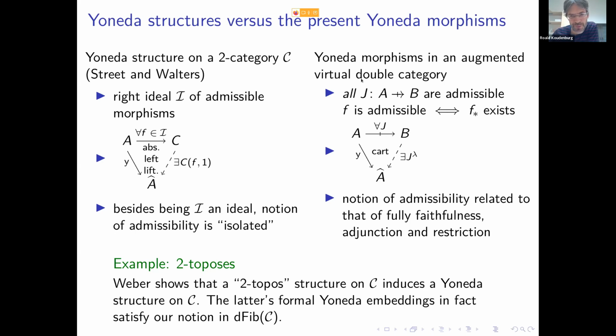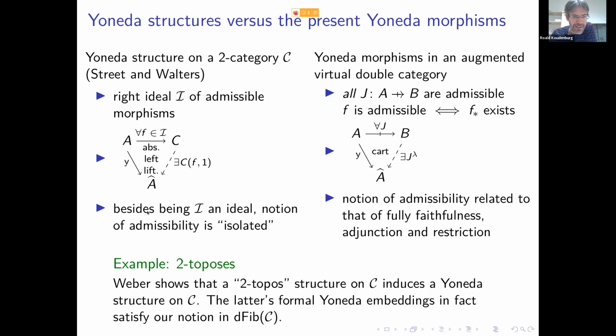Let's compare that to what we have. Well, for us, all horizontal morphisms are admissible, and a vertical morphism is admissible if and only if its companion exists, right? And this Yoneda axiom is a bit simpler. It's simply that for all horizontal morphisms, we have a Cartesian cell like this.